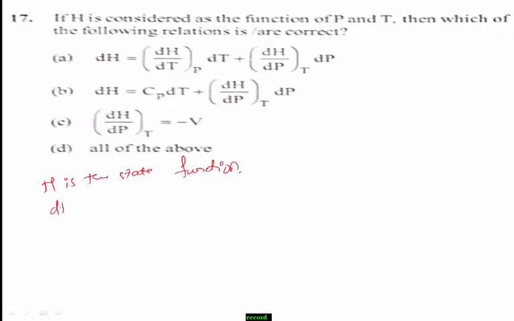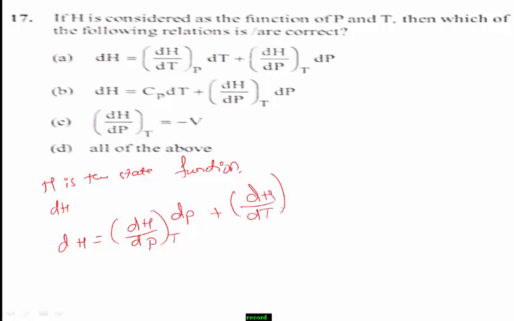Then dH is a complete differential term, taking H as a function of P and T. Therefore, the equation becomes dH equals (dH/dP) at constant temperature times dP, plus (dH/dT) at constant pressure times dT. Yes, this one is the right answer. Where is it in your given options?